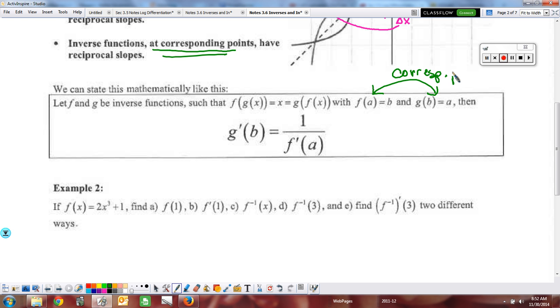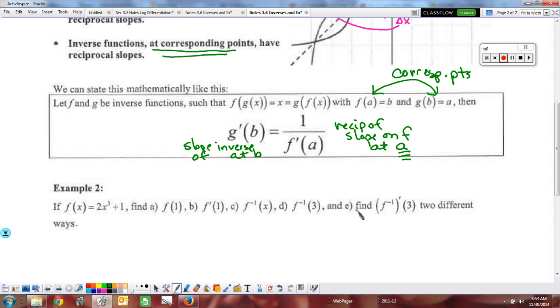Then I want to find the derivative of the inverse at b, the slope of the inverse function at b. It is the reciprocal of the slope of f, the original function, at a, the corresponding point.